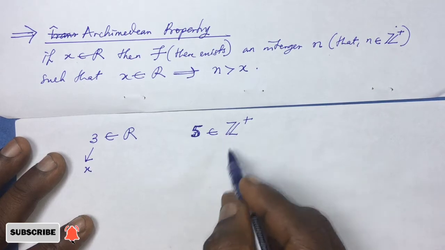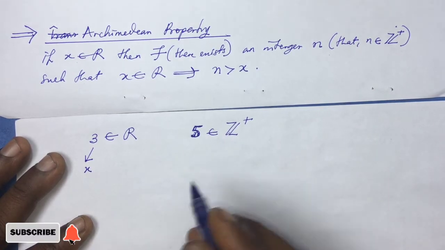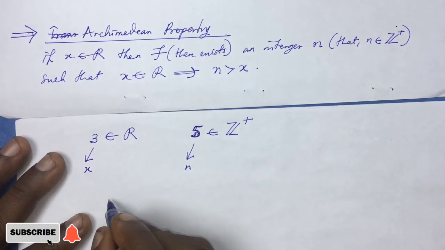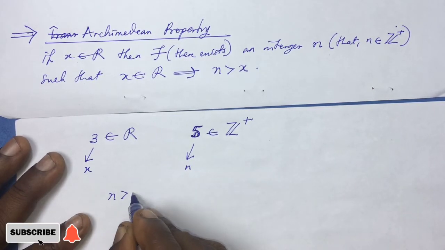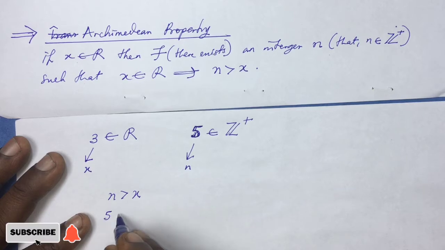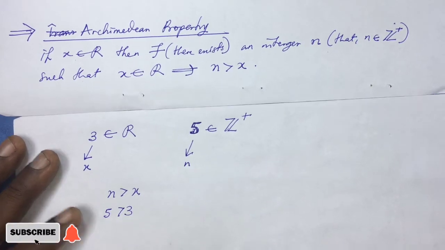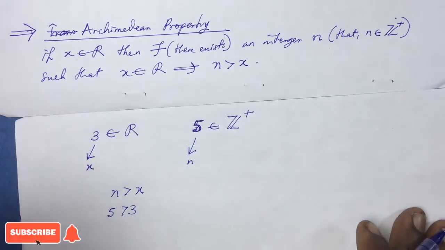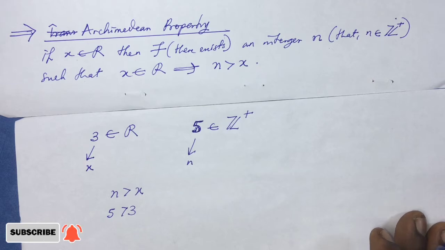Take note, Z plus is the set of all positive integers. So it is possible to select an n from Z plus such that n is greater than X, in which case 5 is greater than 3. So it is always possible for any real number you pick to select a positive integer that is greater than that real number. That is what the Archimedean property is talking about.